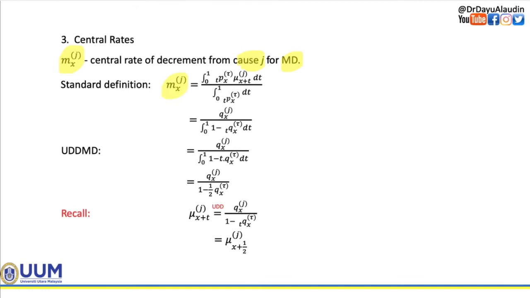When we use UDD-MD, the center rate becomes qxj divided by 1 minus half qx tau, where mu x plus j is equal to mu x plus half j. So this is how we get this one.